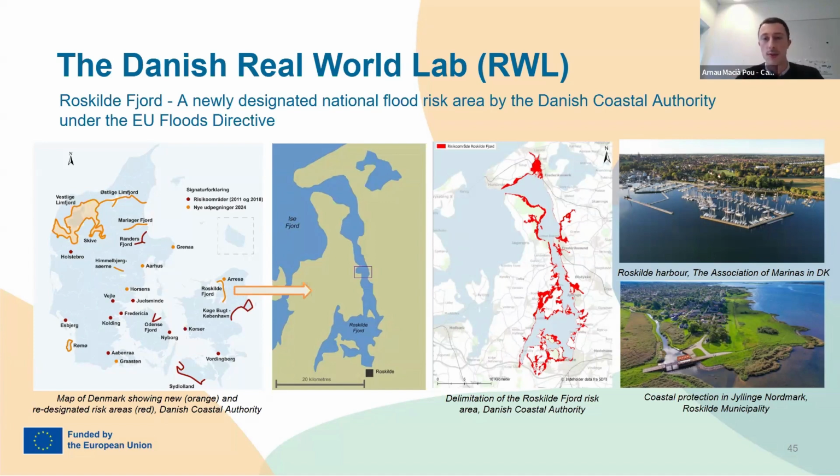The top one shows the Roskilde Harbor, and the one at the bottom shows an area of summer houses that was flooded in 2013, during Storm Bodil that impacted Denmark. As a result, a little dike was built and also some sluice gates to prevent the water from the fjord from coming in and flooding this area of summer houses. So that's just to give you an idea of the Danish Real World Lab and the area that I'll be talking about in the next slides.